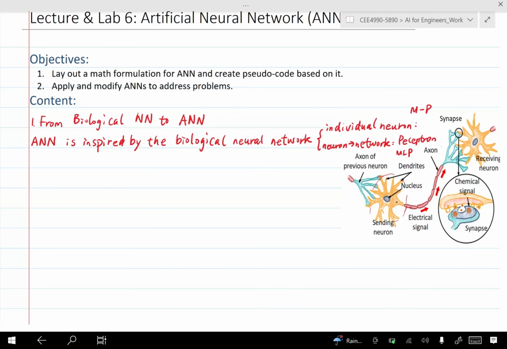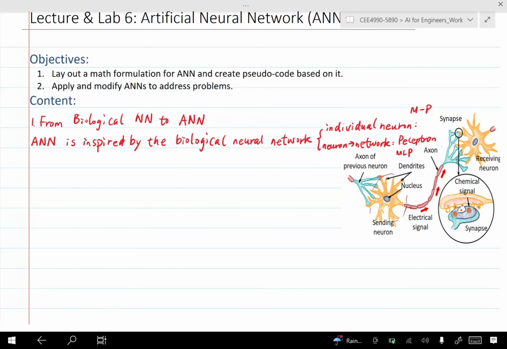What is really interesting is how individual neurons work. Each neuron has its own electrical potential. And when the electrical potential exceeds a threshold value, then that neuron will be activated. And once activated, that neuron will send chemicals to the next neuron through the synapse.